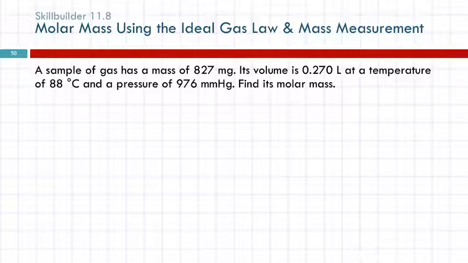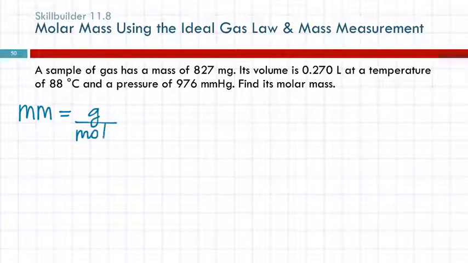So you ask yourself, what's molar mass mean? We sometimes abbreviate it capital M. That is the mass in grams divided by the number of moles. Usually it's 1 mole weighs this many grams, but you could do it on a smaller scale as long as you know the mass and the number of moles. So what we need is the mass of this sample, and how many moles of this gas we have.